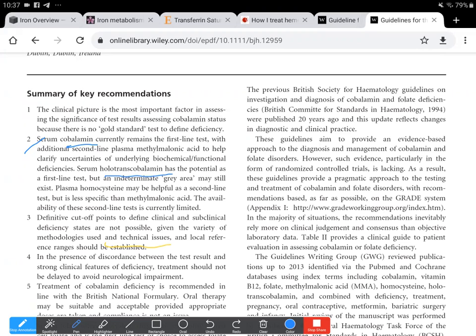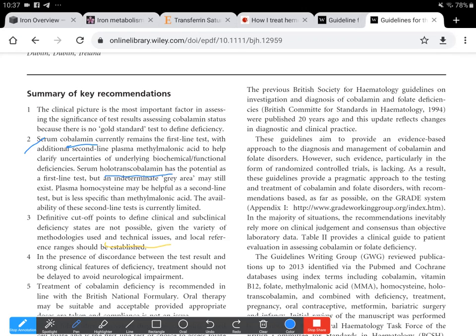And I think we'll go into detail about those in just a minute. So basically first line are just the cobalamin and the holotranscobalamin levels, because holotranscobalamin levels will be in a way affected by factors that affect protein synthesis as well, because this is also going to be a transport protein for the transfer of cobalamin.